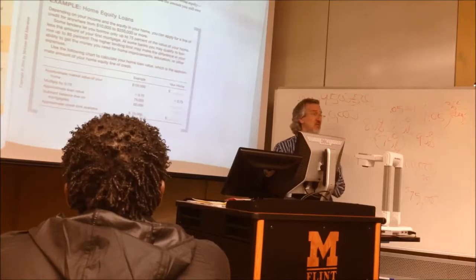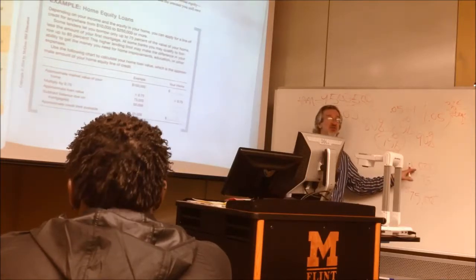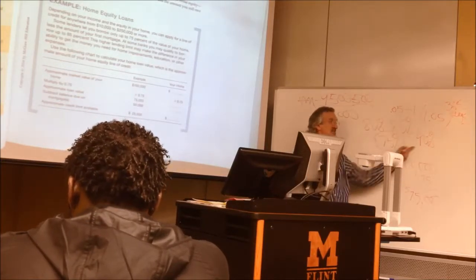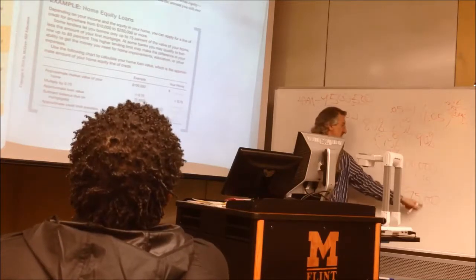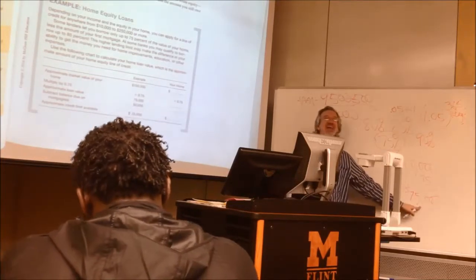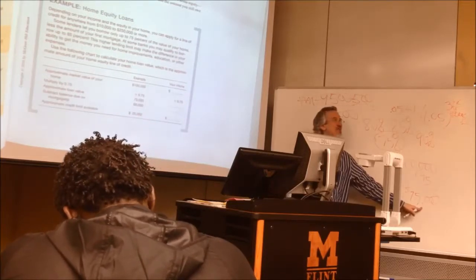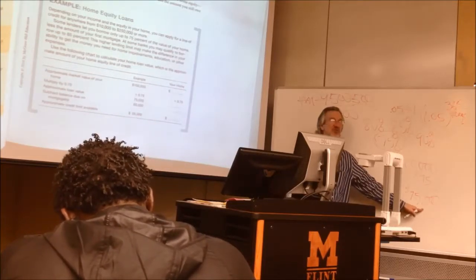Let me say that again. You take the market value times the percent they'll loan up to, and then you subtract any other money owed on this house that the house is being used as collateral for.